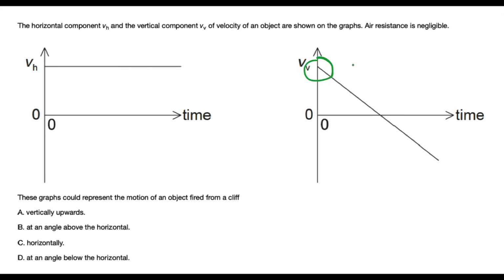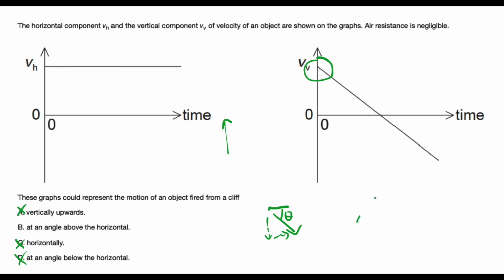Here we know the initial vertical velocity is a non-zero number, so it cannot be shot at an angle below the horizontal, because then its initial vertical velocity would be a negative number, so D is wrong. And if the object is fired horizontally, then it has an initial vertical velocity of 0, so C is also wrong. If it is fired vertically upward, then the horizontal velocity would be 0, so A is also wrong.